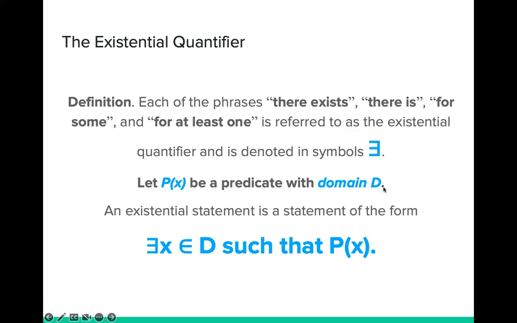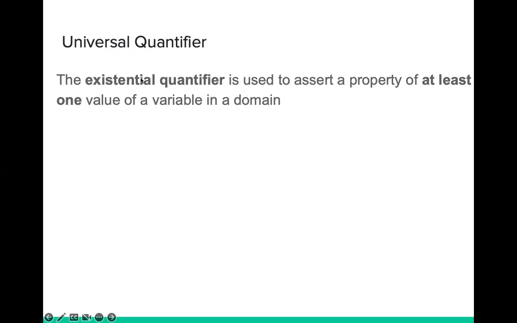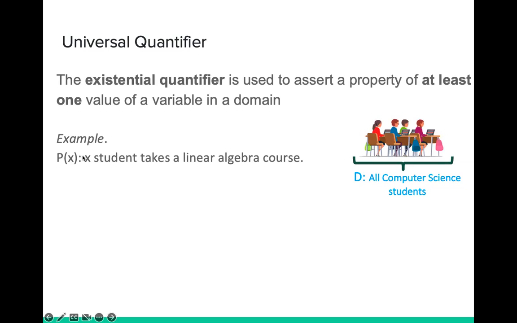An existential statement is a statement of the form: there exists an element x belonging to D such that P(x). So the existential quantifier, again, is used to assert a property of at least one value of a variable in a domain. Suppose we have the statement P(x) such that x student takes a linear algebra course, and this x belongs to a domain D of the set of all computer science students.